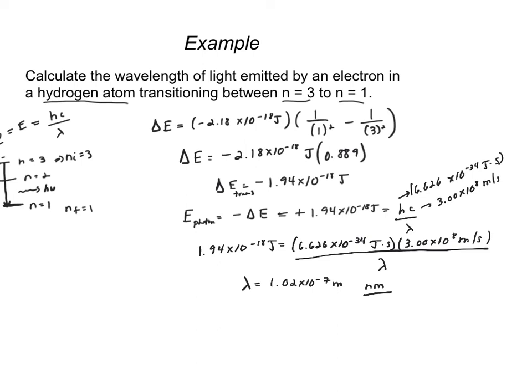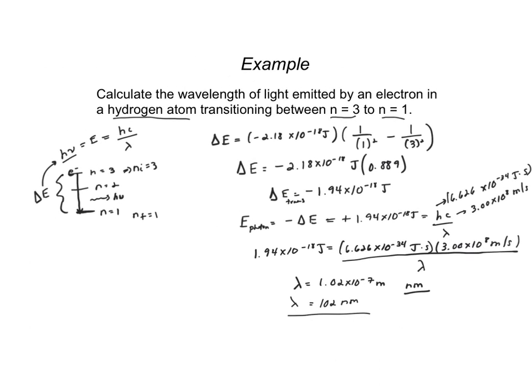So if we converted this meter to nanometer, this would end up being 102 nanometers. So again, in this transition of going from this n equal to 3 excited state to this n equal to 1 ground state, this transition will be accompanied by a photon of light that has a wavelength of 102 nanometers.